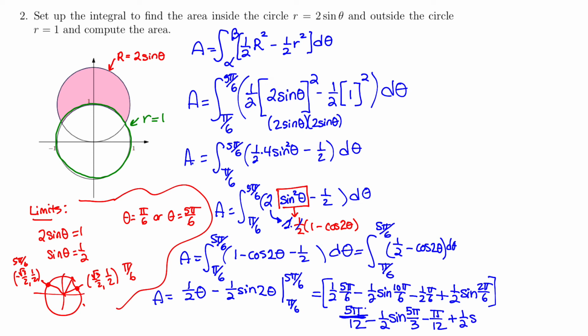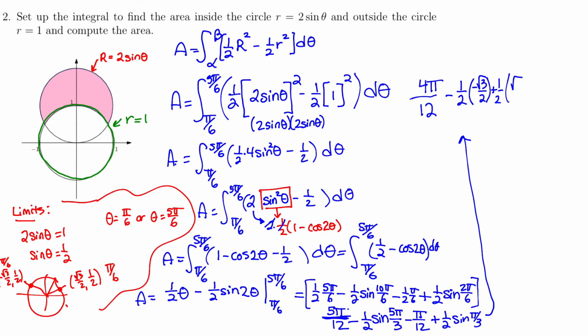Plus 1/2 sine pi over 3. Sine of 5 pi over 3 is the opposite of the sine of pi over 3. I'm getting 4 pi over 12 minus 1/2 times the negative square root 3 over 2 plus 1/2 times the positive square root 3 over 2.